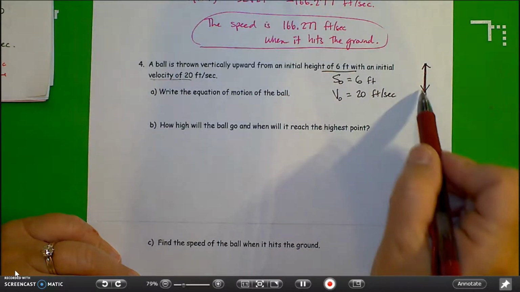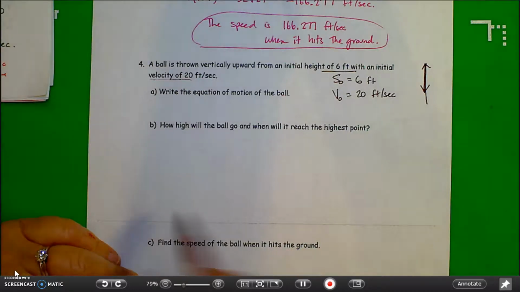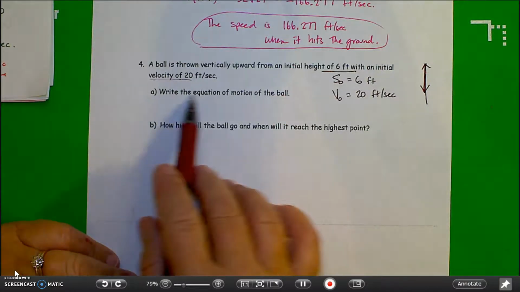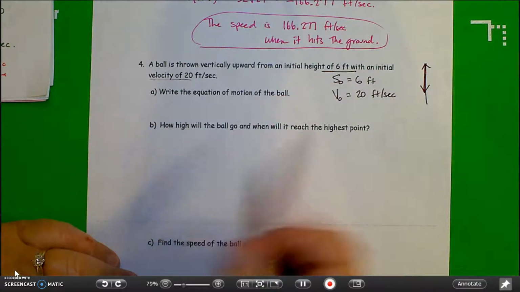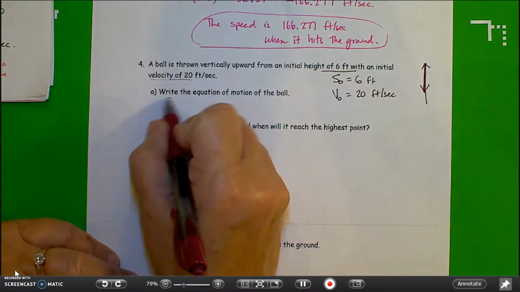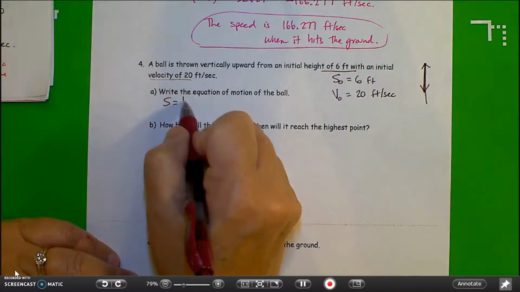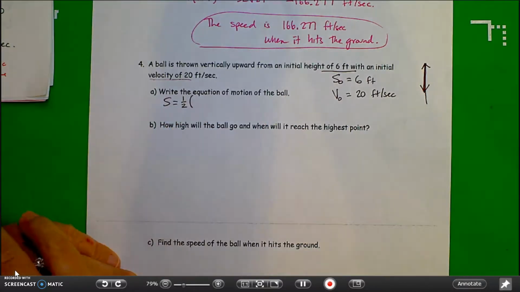And we'll be able to learn some things about its path, or its height and the time it takes to be at different locations. First, write the equation of the motion of the ball using the same form that we showed on the last page. We got 1/2 times the acceleration.